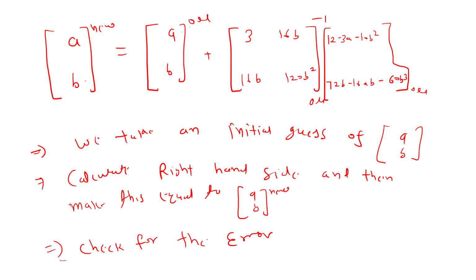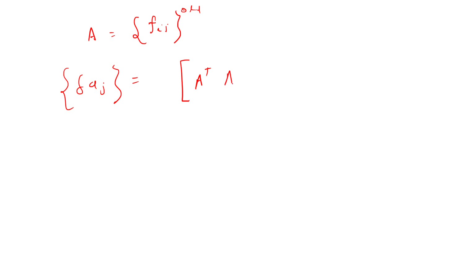So the core idea to get this repetitive formula is that we first need to find out the matrix A, which is Fij at the old value, and then we have this formula: delta Aj is nothing but A transpose A inverse A transpose, and then we have this Yi minus f of xi comma Aj 0.